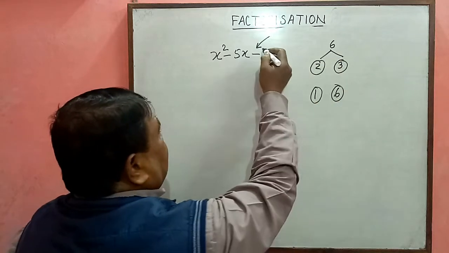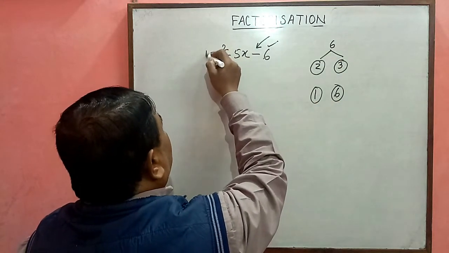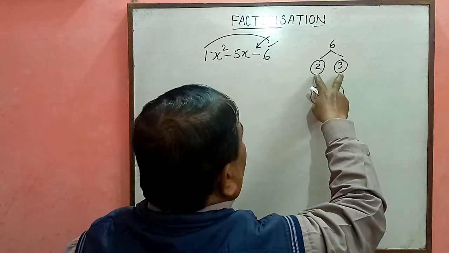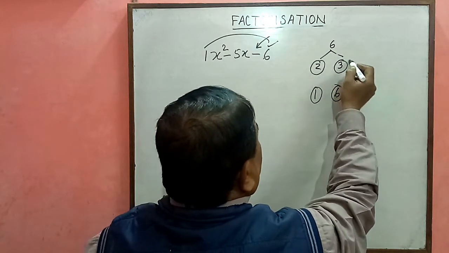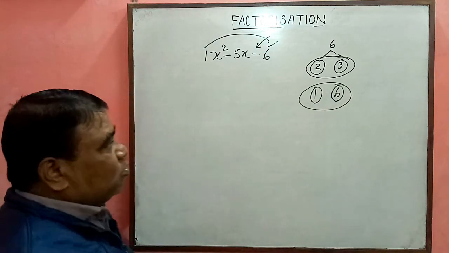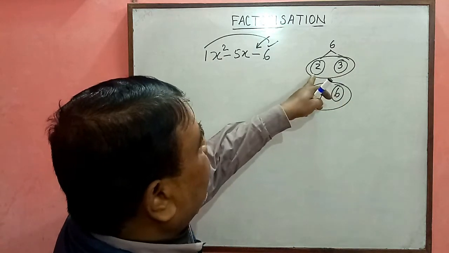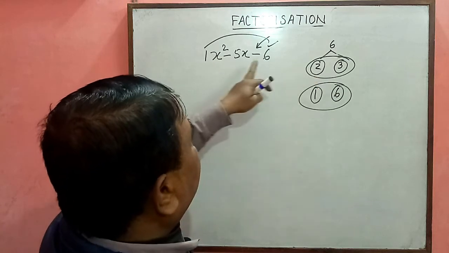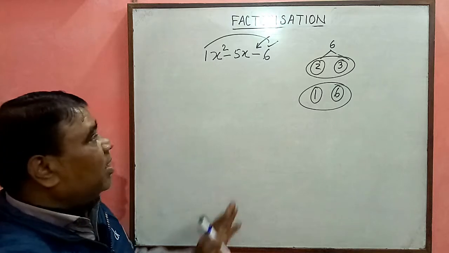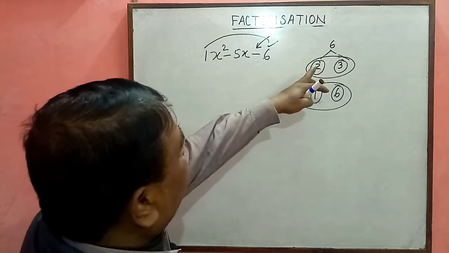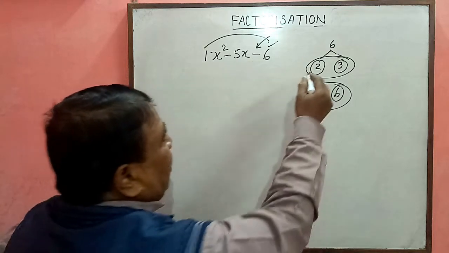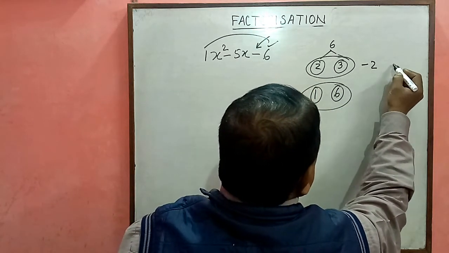Now you see, 6 into 1 is 6. Now we have two pairs of factors, 2 and 3, and 1 and 6. If I choose 2 and 3, we have to add. But here no addition will take place. We cannot add them for this negative sign, because for addition we have to take negative 2, negative 3.